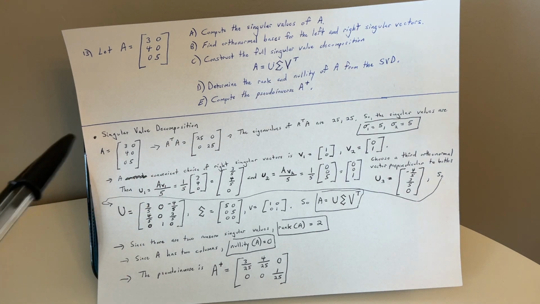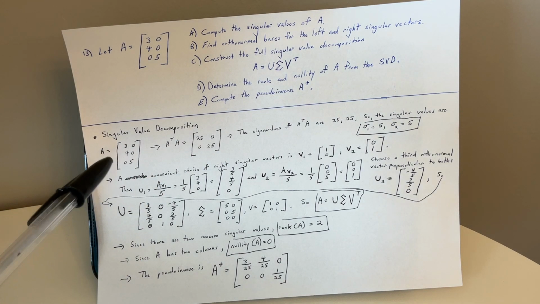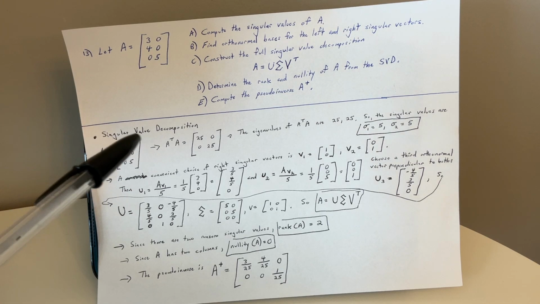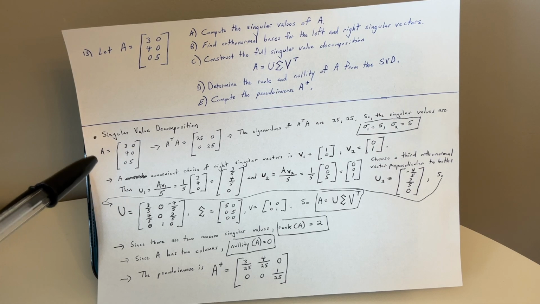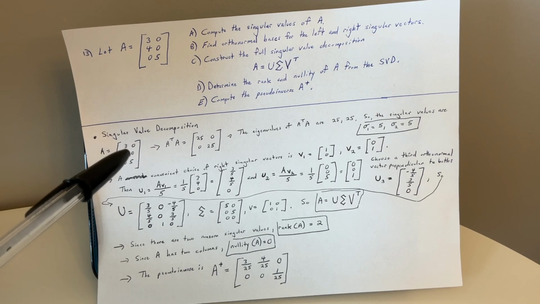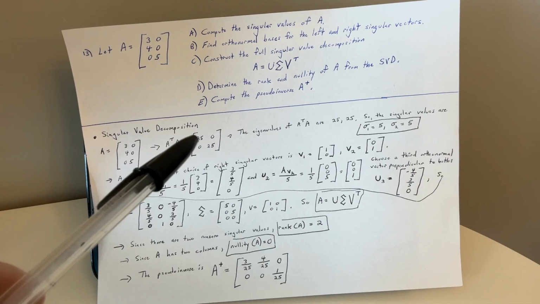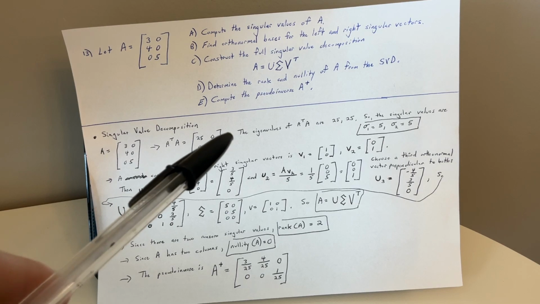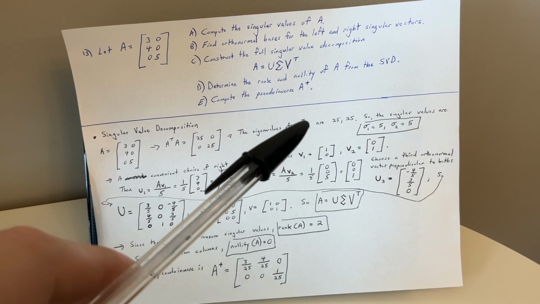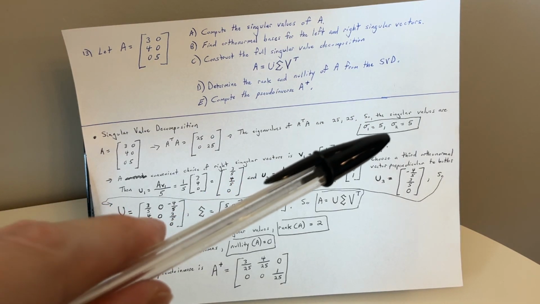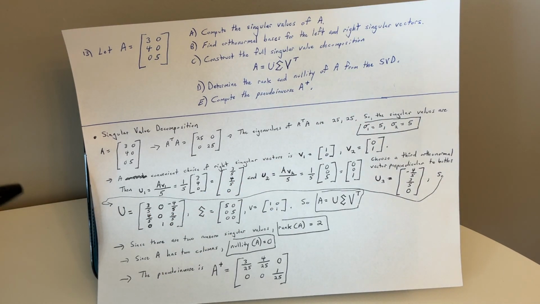So here, singular value decomposition. Okay, so we get A equals this: 3, 0, 4, 0, 0, 5. A transpose A is 25, 0, 0, 25 for those rows. The eigenvalues of A transpose A are 25 and 25. So the singular values are sigma sub 1 is 5, sigma sub 2 is 5.